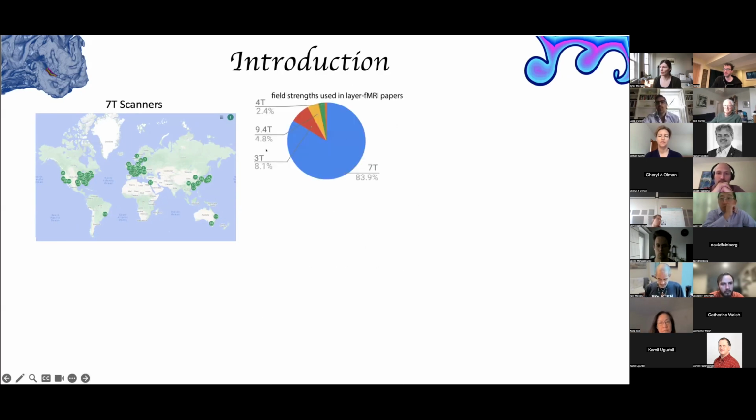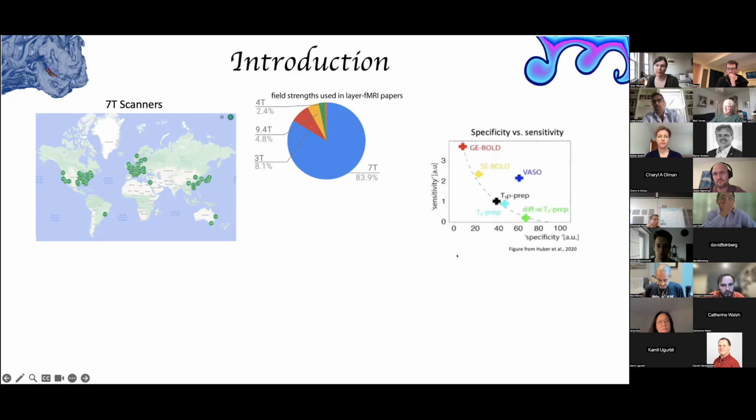While most layer-fMRI studies use 7 Tesla scanners, there's also a number of groups starting to successfully use lower field strength like 3T to achieve sub-millimeter resolution to study layers in humans. Now, obviously, 0.8 mm, which is the most typical resolution implemented for layer-fMRI, is highly SNR starved, and there are still a number of open questions.